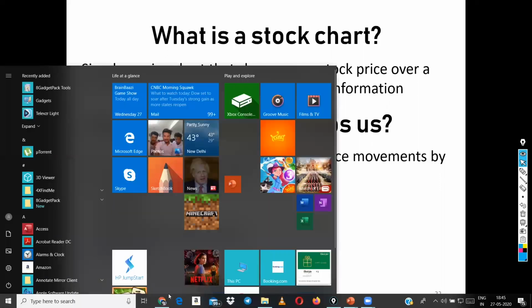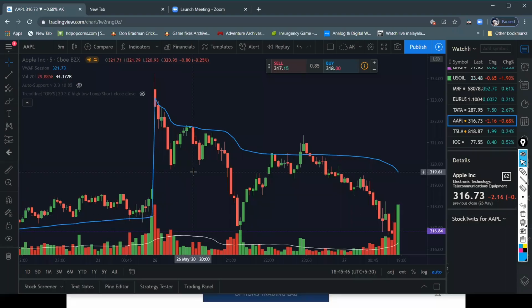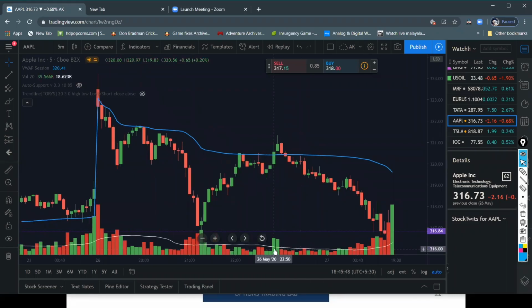In this stock chart, you can see these green bars and red bars. The green bar shows the quantity bought by buyers, and the red bar shows the quantity being traded on the selling side.